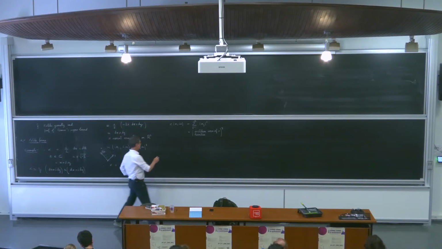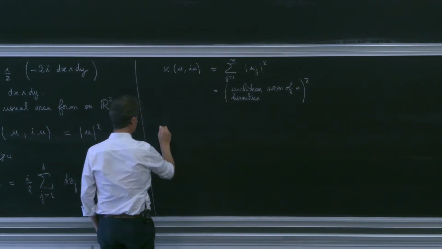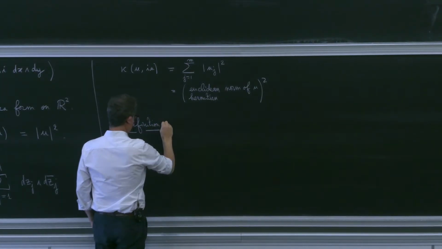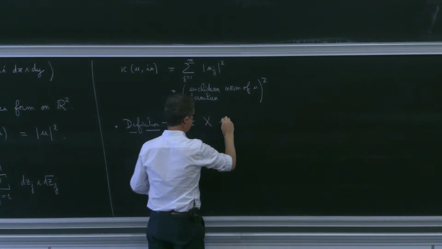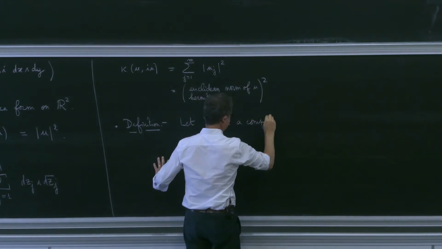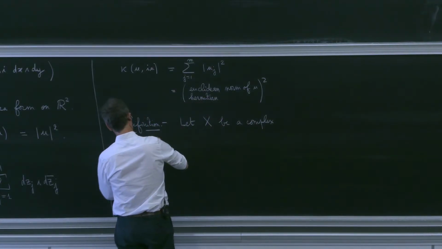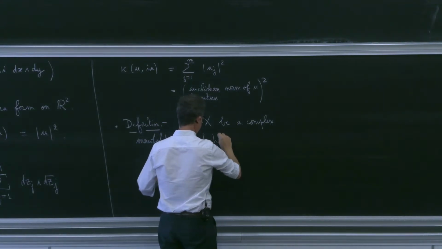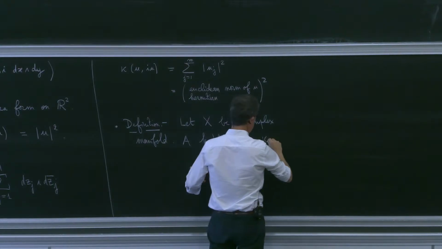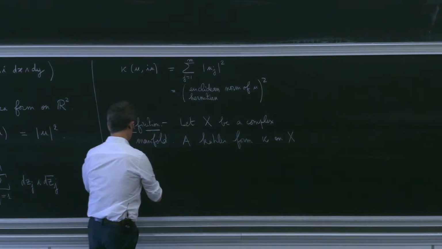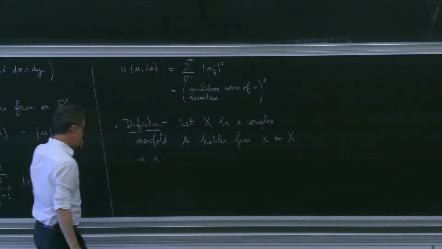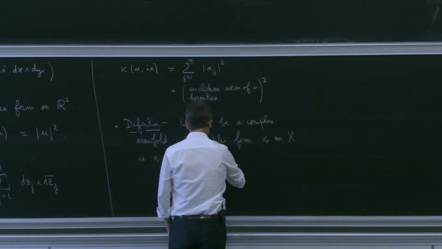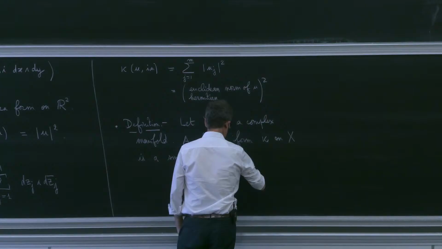Now I can make a definition. Let X be a complex manifold. A Kähler form kappa on X is a smooth form of type (1,1).